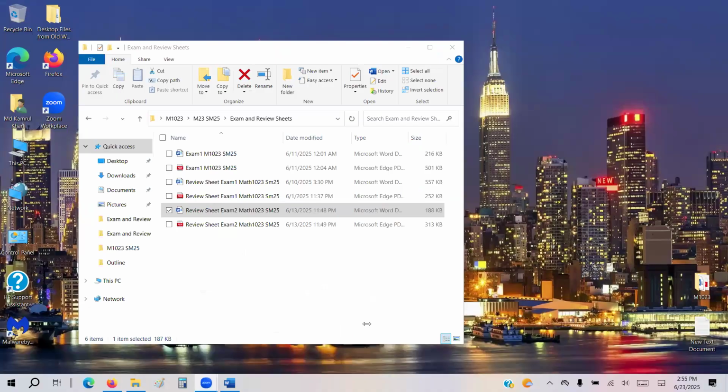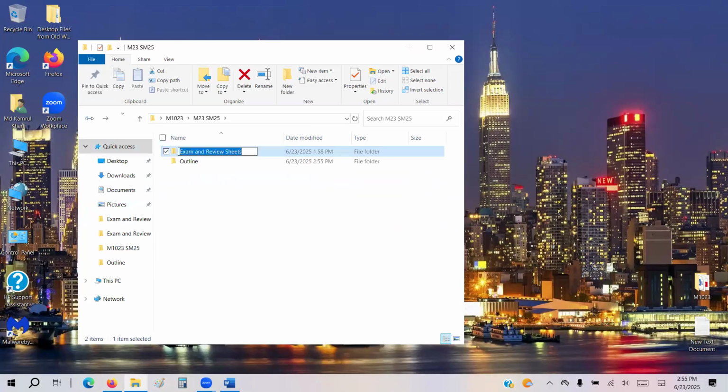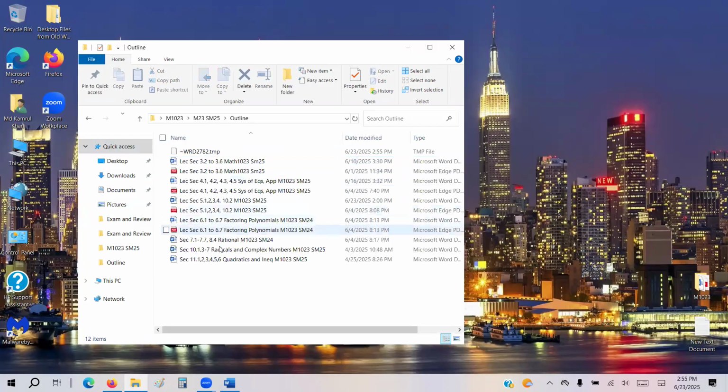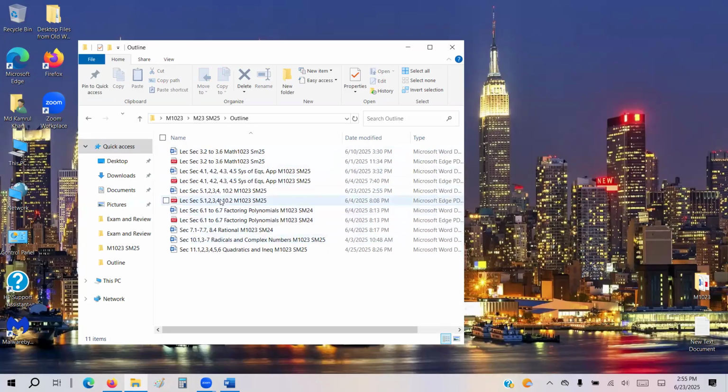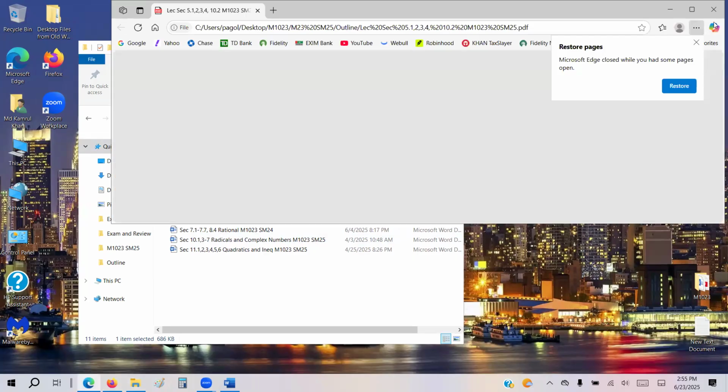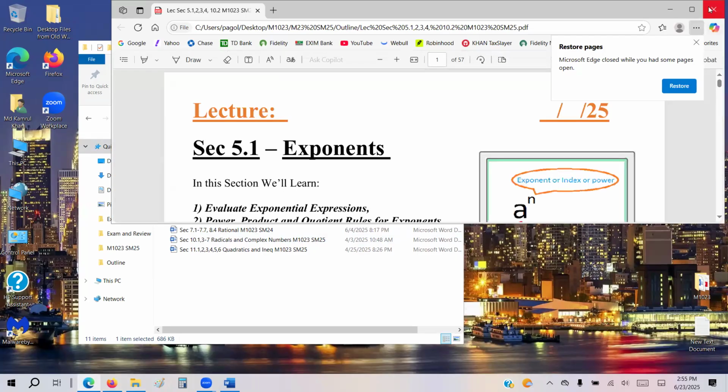I hate that. It's even saving now. No, not PDF, not PDF. My bad.